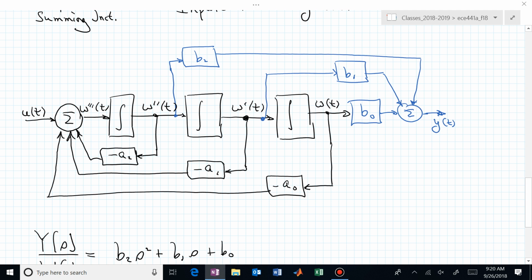Now do we want to change our answer on the size of the A matrix? It's going to be square. So if you said 6 by 2, I would have said, okay, where have you been all semester? We know that the A matrix has to be square. So 4 by 4 is reasonable because you see W triple prime, W double prime, W prime, and W. That's 4 things, but we only need 3 of those to give us undifferentiated expressions in our state vector.